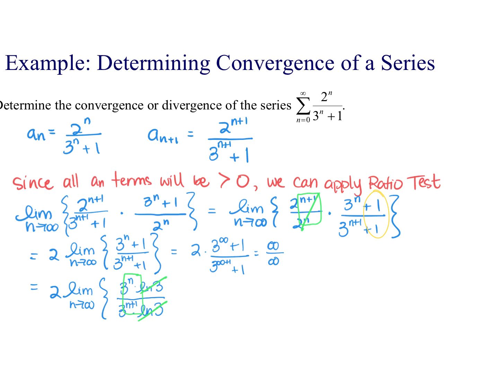So this becomes 2 times the limit, and all that's left is 1/3. The ln 3's are gone. The 3 to the n and the 3 to the n plus 1 subtract. So the answer to this is 2/3.